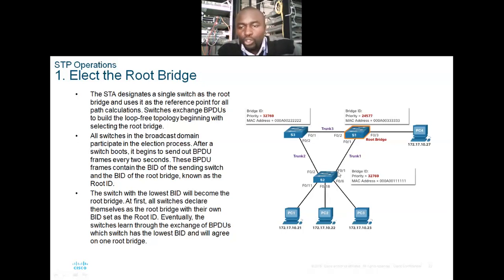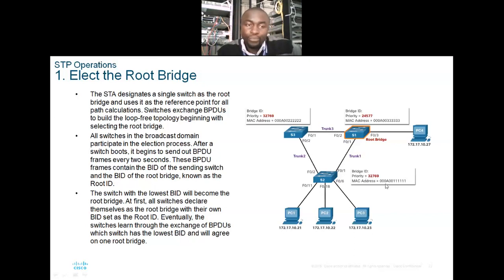It has a priority of 32769, and this is the MAC address. This is switch 3. It has a priority of 32769, and this is the MAC address. Now, how is switch 1 the root bridge? Because the priority value of 24577 is the lowest compared to the priority values of these 2, irrespective of the size of their MAC addresses.